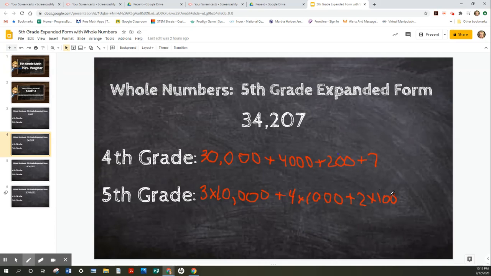And again, we're going to put in our addition symbol. We do not need to include the number that is in the tens place since it's just a placeholder, but we definitely need to include the 7 times 1.